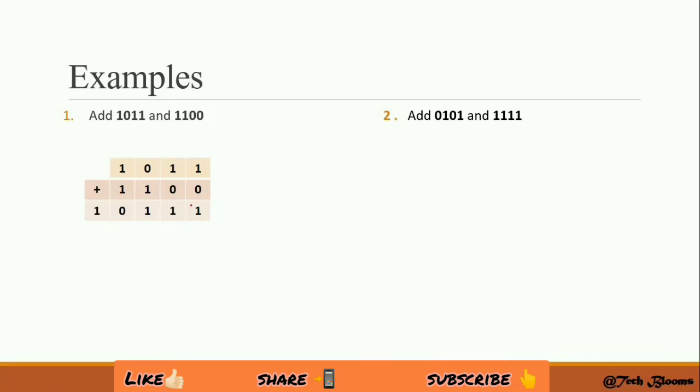Here you have 1 plus 0, which is 1. 1 plus 0 is again 1. 0 plus 1 is again 1. But 1 plus 1 will give you 0 carry 1. So this is how you need to perform binary addition. If you remember the rules, performing binary addition for any number of bits is simpler.